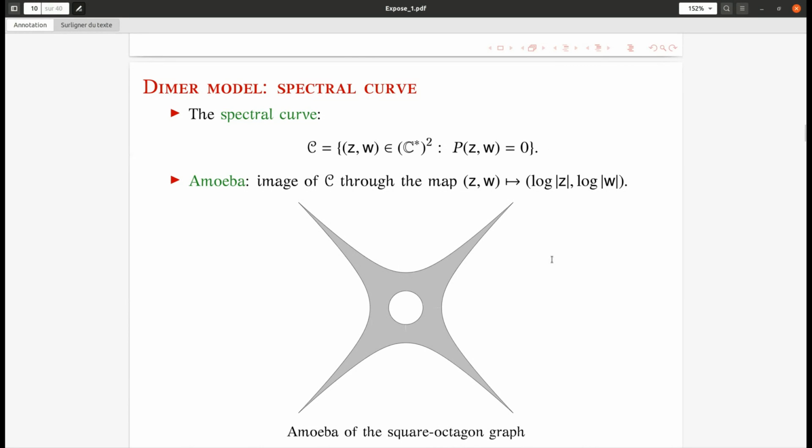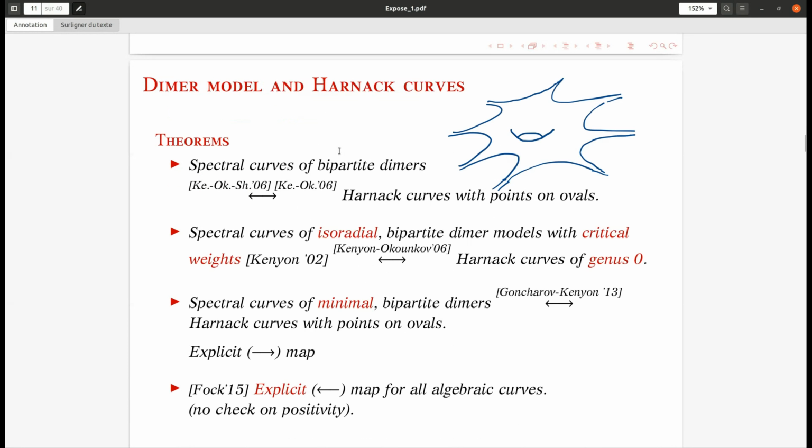So the next theorem is actually a mixture of many theorems, summarizing all the results on this topic. First, what Kenyon, Okounkov, and Sheffield proved, and then Kenyon, Okounkov, is that spectral curves of bipartite dimer models, always on periodic graphs, are in correspondence with Harnack curves with points on the ovals.